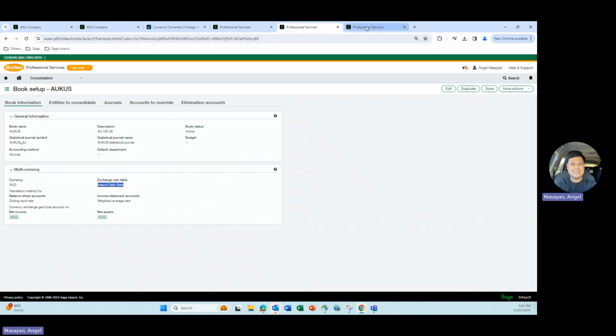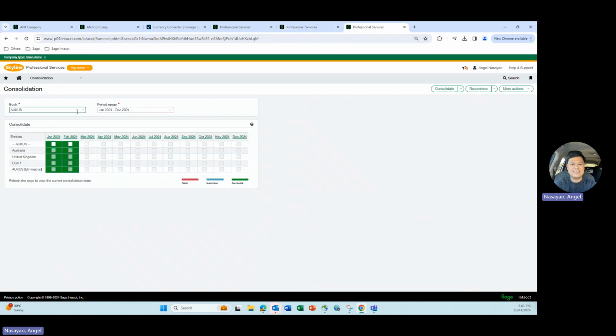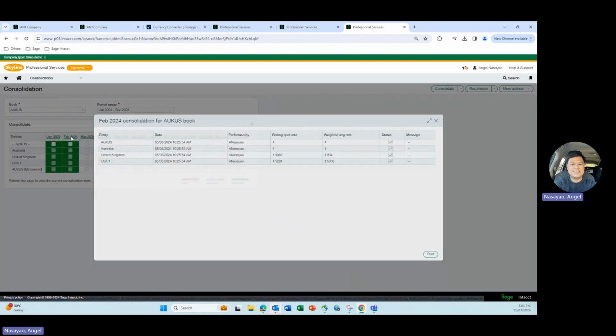All right. So I have this consolidation book that I've done for, let's say, February 2024. Let's validate if this is actually correct. So this is for February 2024, and let's look at the ending spot rates.